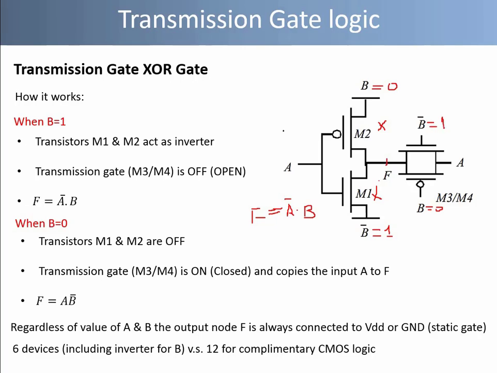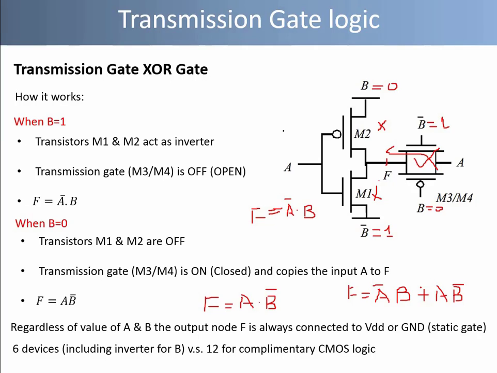As a result, this transmission gate is switched on and copies the input A to F. So we can write F equal to A when B complement is true, or F is equal to A and B. Together we can write F equal to A complement B or A B complement, which is the Boolean function of a two input XOR gate.